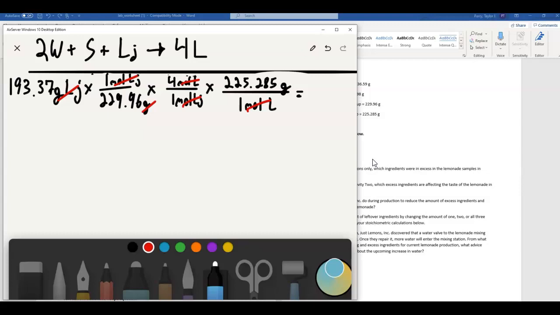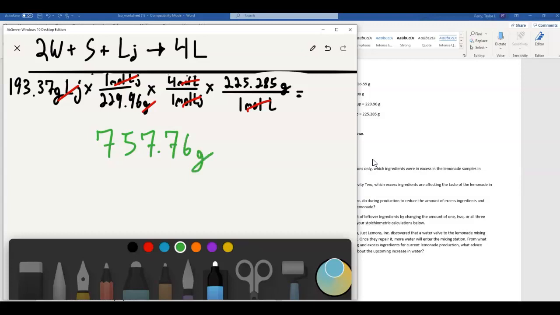193.37 divided by 229.96 times 4 times 225.285, and I get around 757.76. I'm going to round this to the hundredths place.